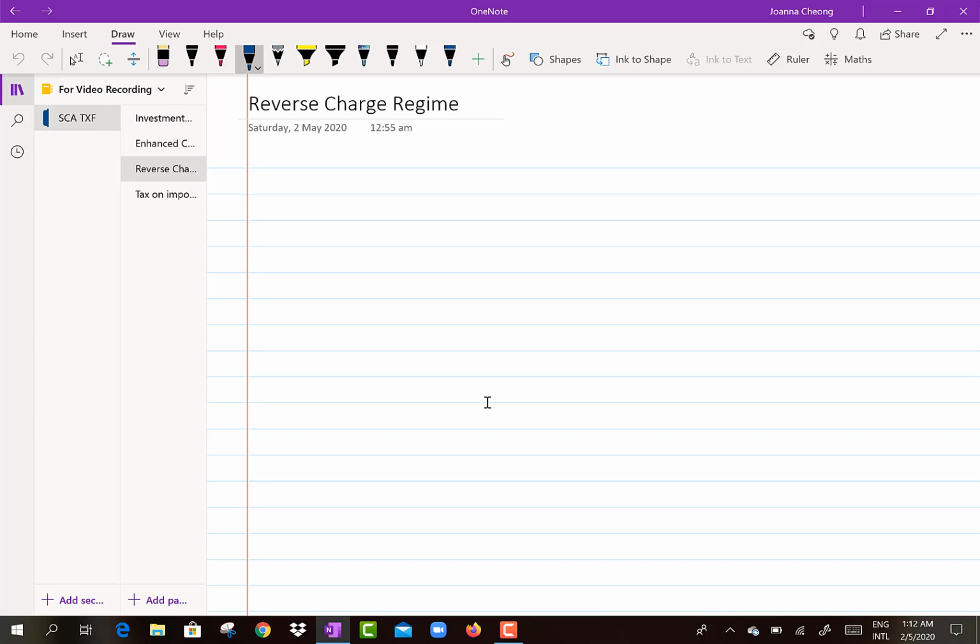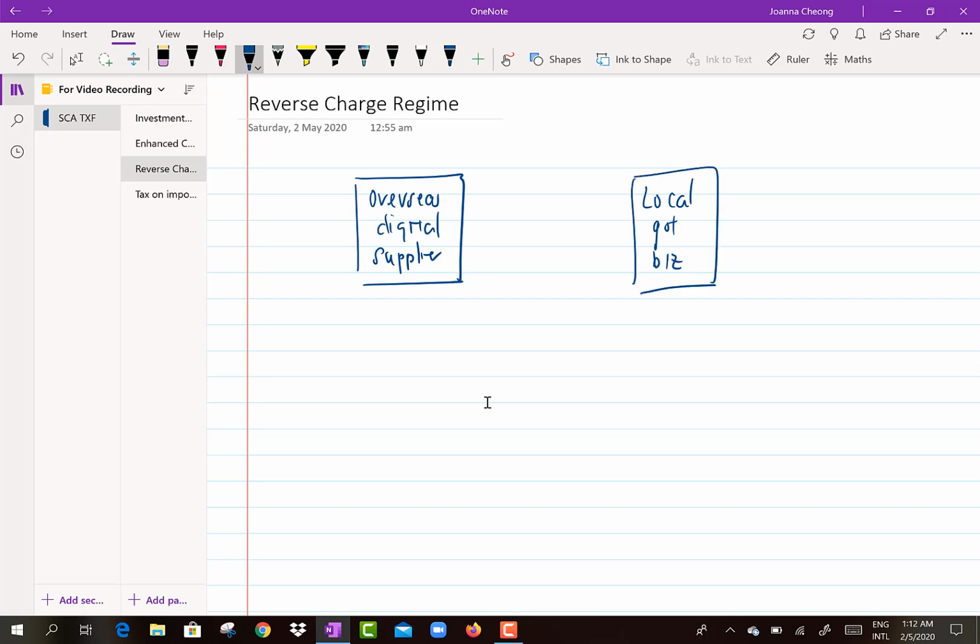Okay, so what it means is, let's say I've got an overseas digital supplier, and these are the people who are usually located overseas. And I've got a local GST registered business.